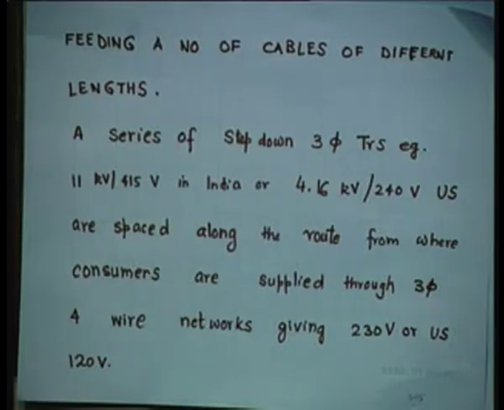For example, 11 kV to 415 volts in India, and in the US it is 4.16 kV to 240 volts. Please remember, they have a 120 volt system, we have a 240 volt system. Now, it is spaced along the route from where consumers are supplied through 3-phase 4-wire networks, giving 230 volt in India or 120 volt in the US. That is what is finally required in domestic supply.